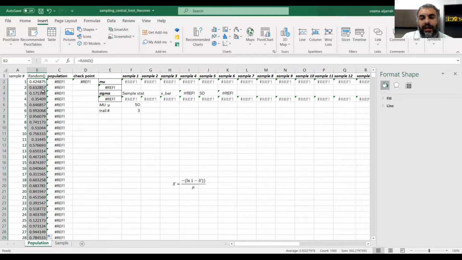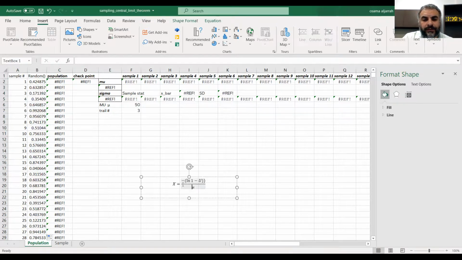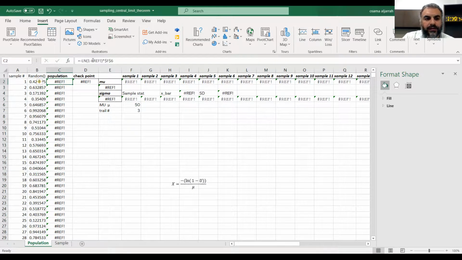So we're assuming we have this cumulative result, and we want to invert it to get the time between events. So we want to use this formula: x will be minus the natural logarithm of, inside parentheses, 1 minus the uniform random number, multiplied by mu. You put here the reference cell, which is your uniform random number.